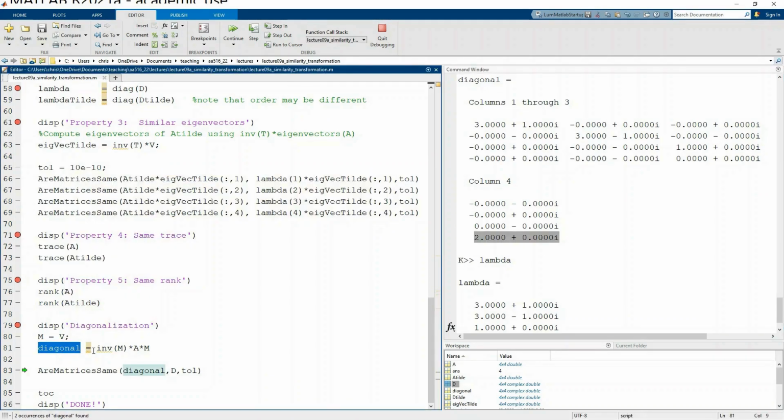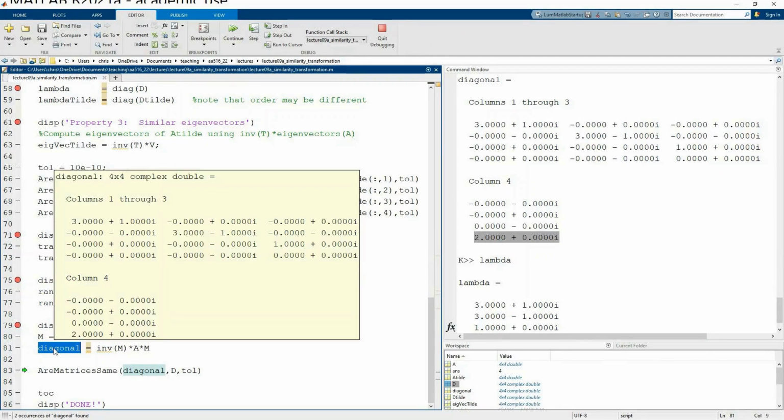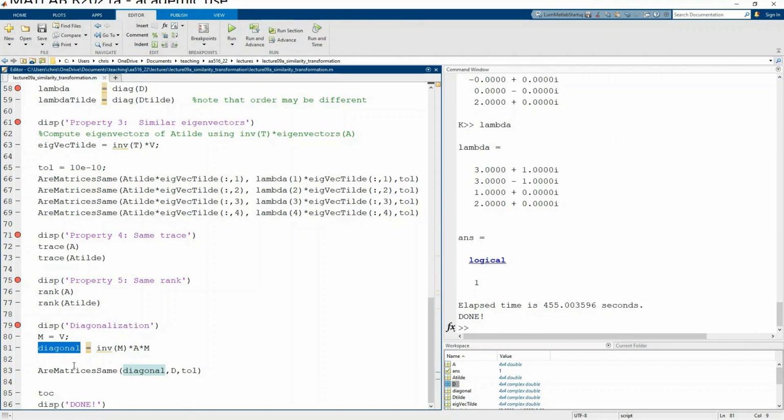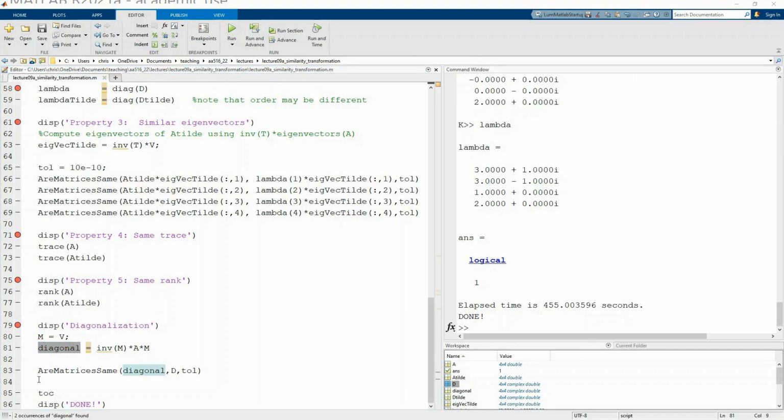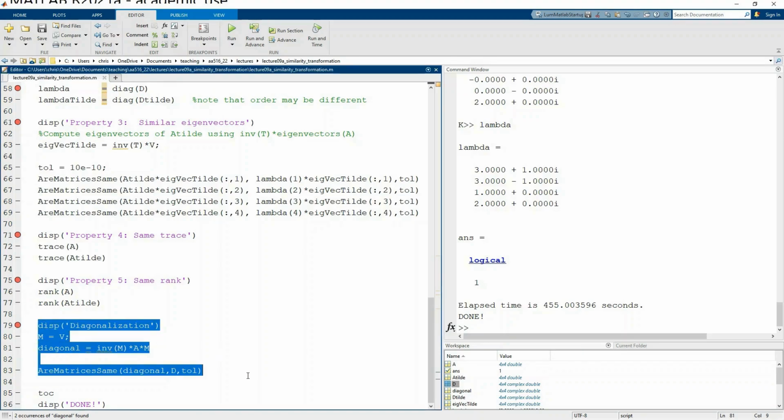So indeed, this modal similarity transformation has diagonalized my A matrix. This A tilde, which I call the diagonal, is indeed diagonal. When I say it totally worked, I mean the diagonalization process worked for this non-defective matrix.